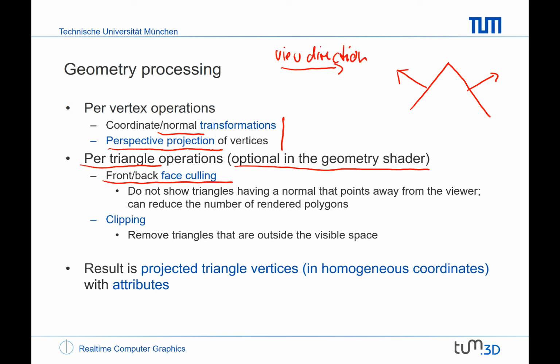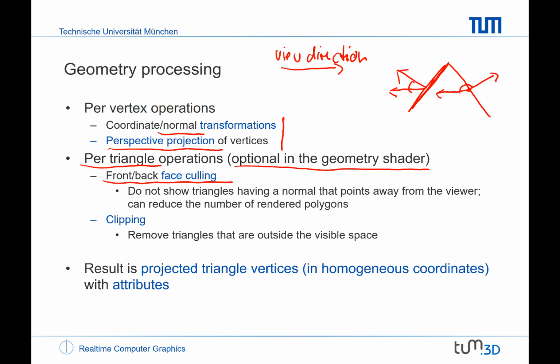And now you see that one of the triangles, this one here, is what we call front facing, meaning that if you compute the angle between the normal vector and the vector towards the viewer, or the inverse view direction vector here, then this angle here is less than 90 degrees. And if you do the same for the normal vector here, then you see that this angle here is larger than 90 degrees.